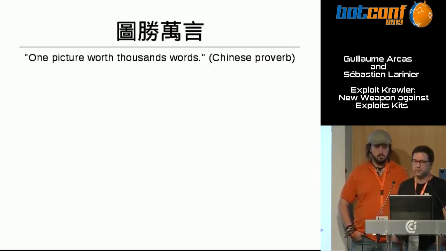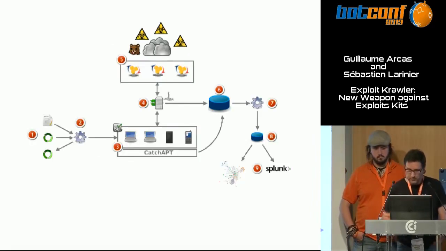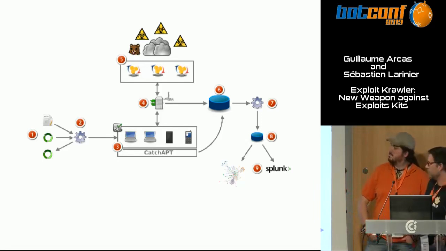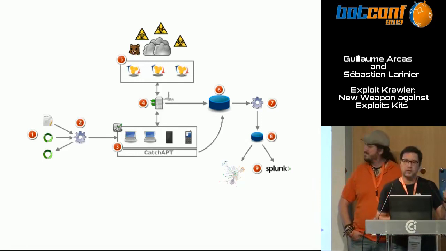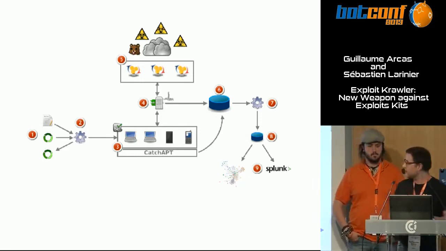But one picture is worth 1,000 words. So how it looks: on your left, in the bottom, with the number 1, we have the list of URLs we want to feed the core engines with.